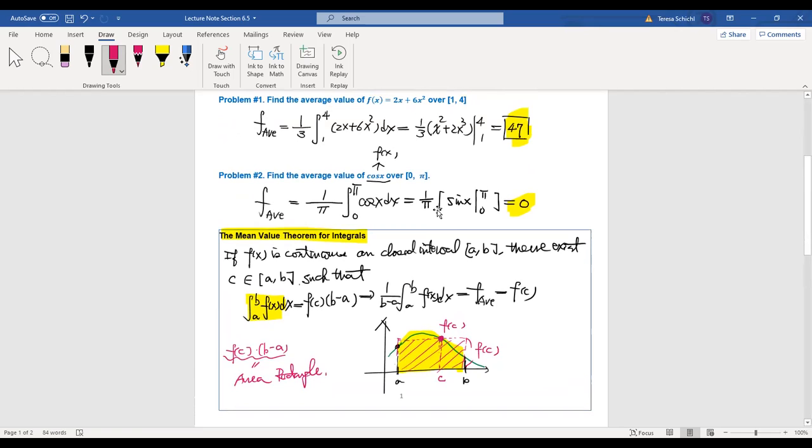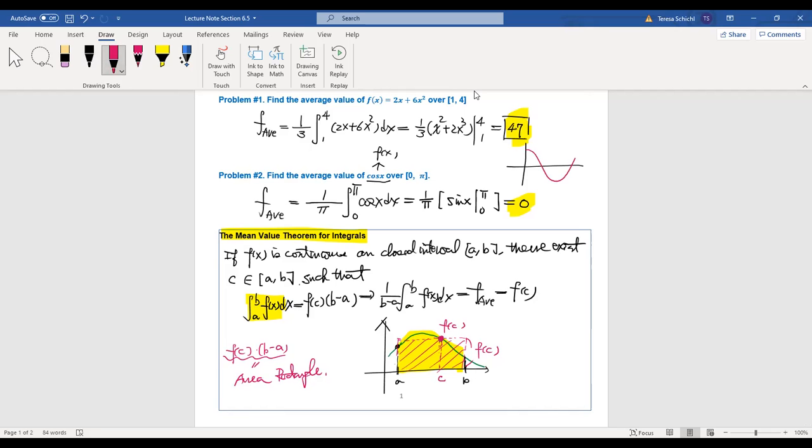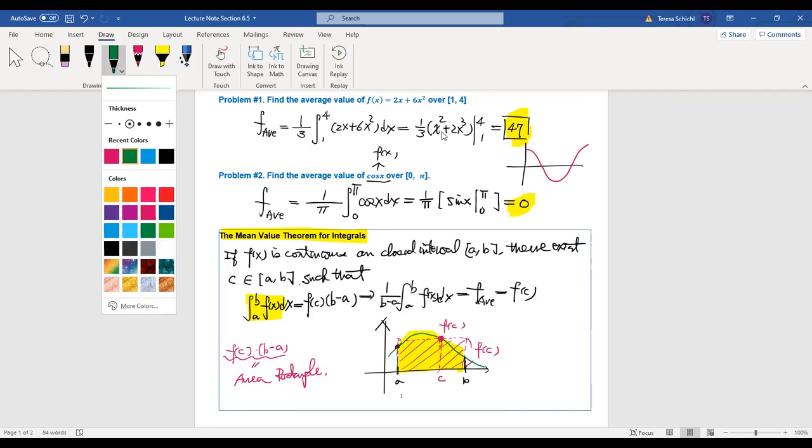So let's take a look at an example: find the average value. Why is the average value 0 here? Take a look, this is my cosine theta. It goes from here to here, and now it's from 0 to pi.